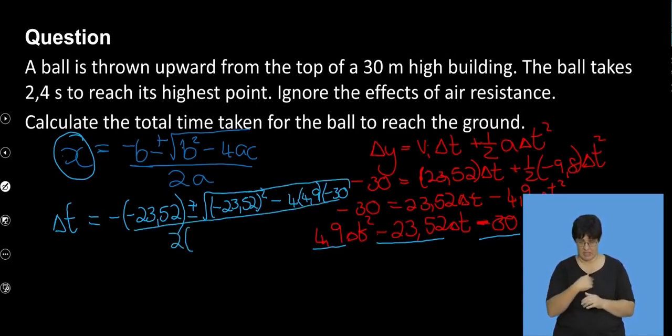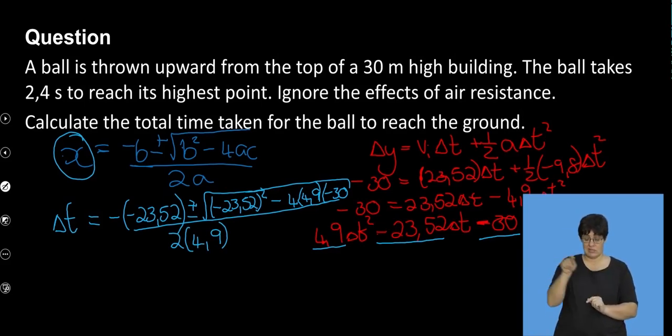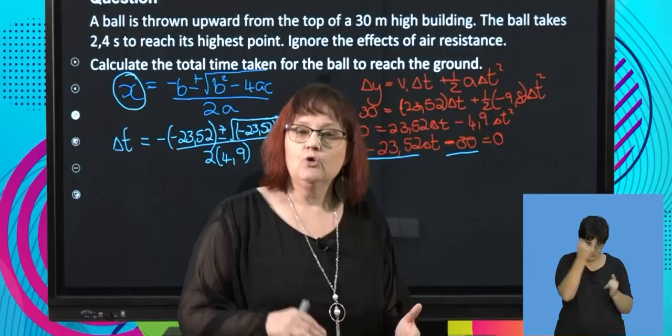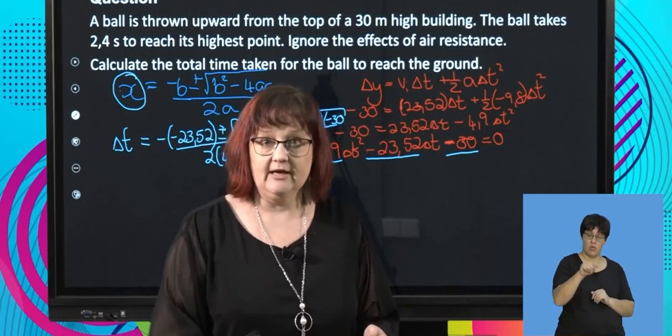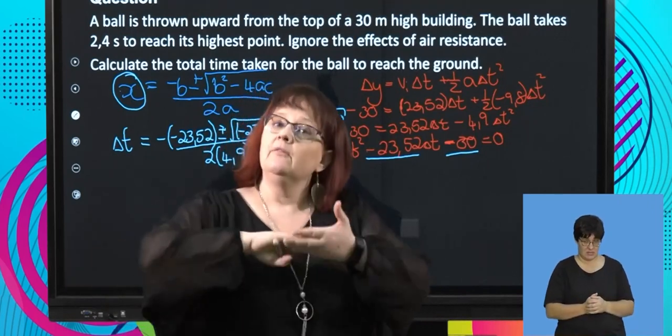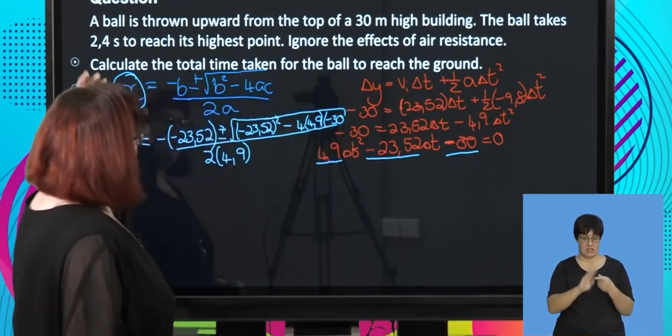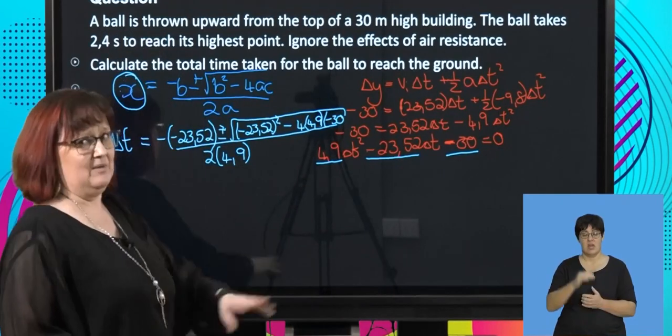The first thing you need to take note of is if that underneath your square root is a negative value, you've made a mistake, because you can't take the square root of a negative number. That's the first thing. From here, now it's all a maths thing.